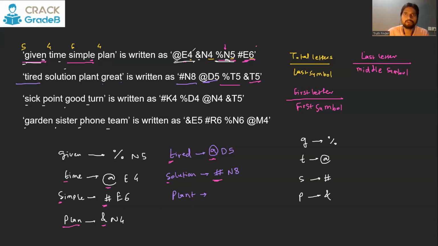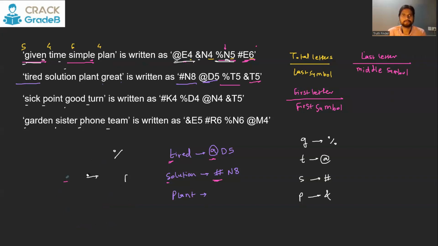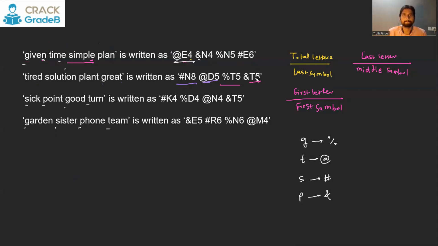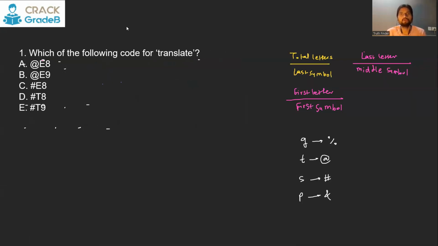So let us directly go for the questions then. Okay, let's go to the questions. Which of the following is the code for translate? In case of translate, the first symbol should be about the first letter.